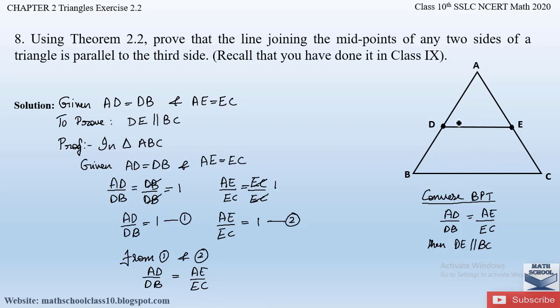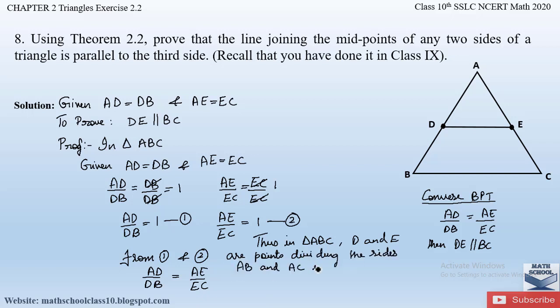Then we can say that DE is parallel to BC, since AD by DB is equal to AE by EC. We can write down, thus in triangle ABC, D and E are points dividing AB and AC in the same ratio. Therefore, by the converse of the BPT theorem, we have DE parallel to BC. Hence we have proved that DE is parallel to BC.